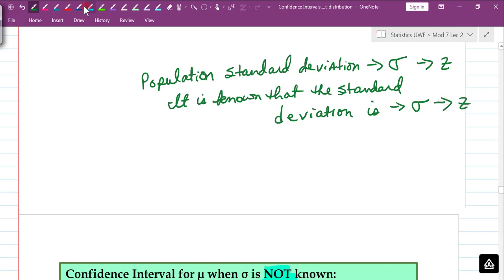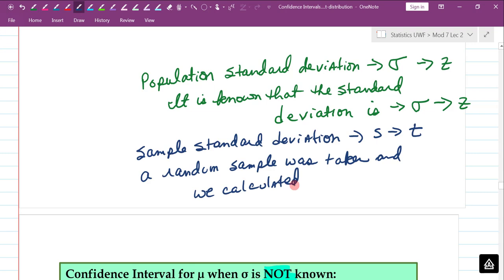Okay? So we're also going to look for something that says a sample standard deviation was taken. That tells us we have s and therefore we will be using t. You're going to look for words like a random sample was taken and we calculated the mean and standard deviation.